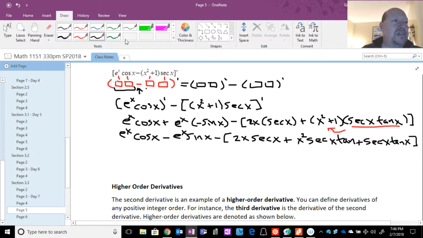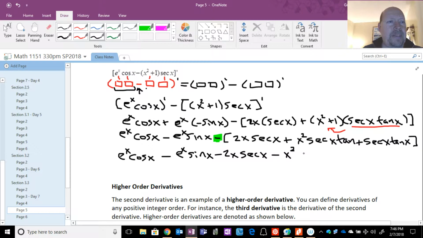Okay, and then this negative right here will get distributed through all that, and so this would be e to the x cosine x, subtract e to the x sine x, and then negative 2x secant x, negative x squared secant x tan x, and then minus secant x tan x.